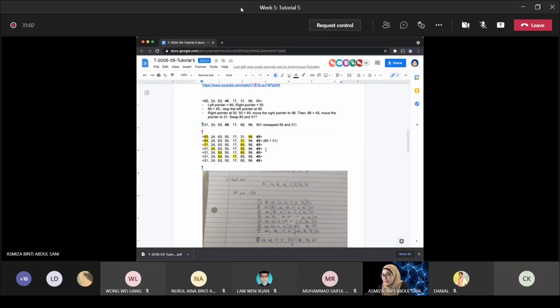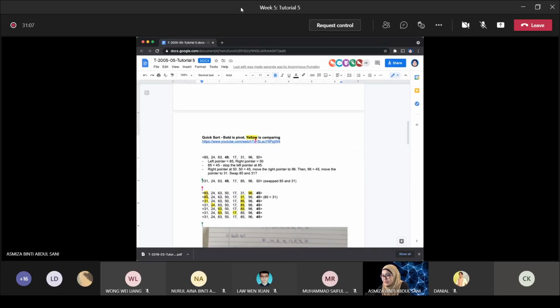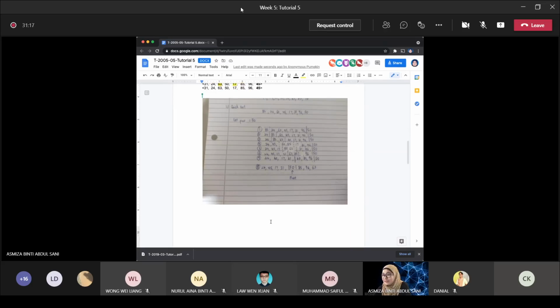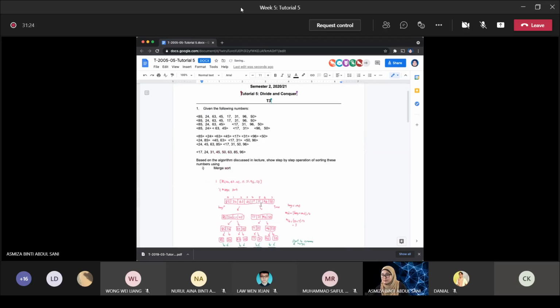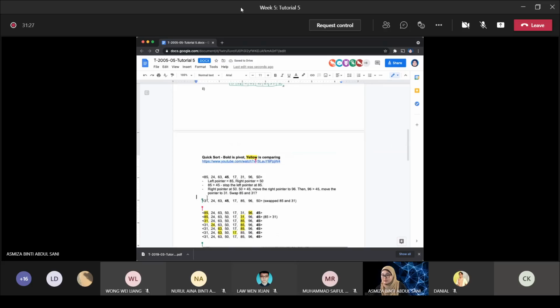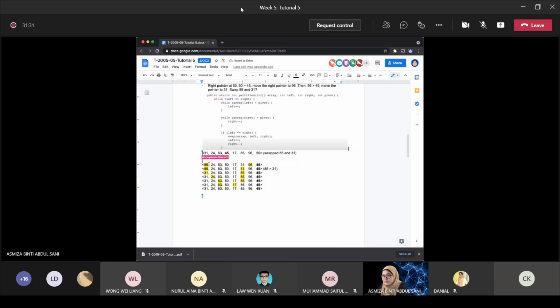Okay. And then your left is here at 85, and your right is here at 96. So looking at the question, let me move this up here so that I can easily explain. Okay, so now we need to see the while array left.